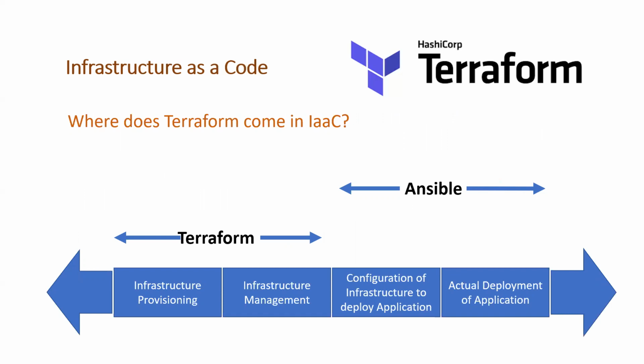To manage infrastructure is nothing but you can upscale, descale. You can destroy your infrastructure at runtime with the help of Terraform. And the configuration of infrastructure to deploy the application, and the actual deployment of the application, will be part of your Ansible machine. So now you know where Terraform comes in IaC: infrastructure provisioning and infrastructure management.